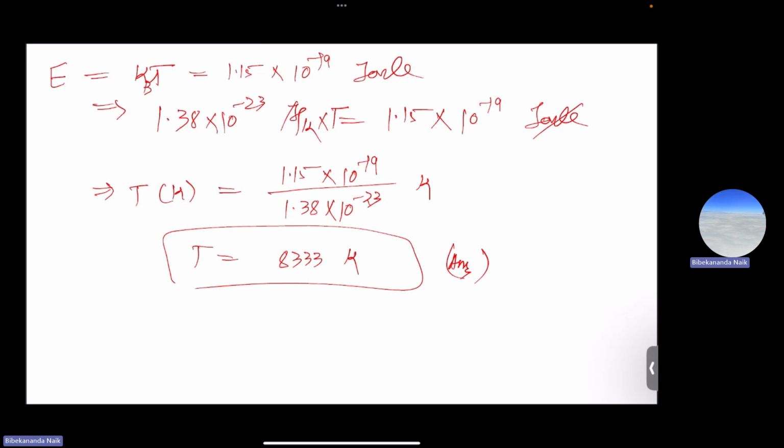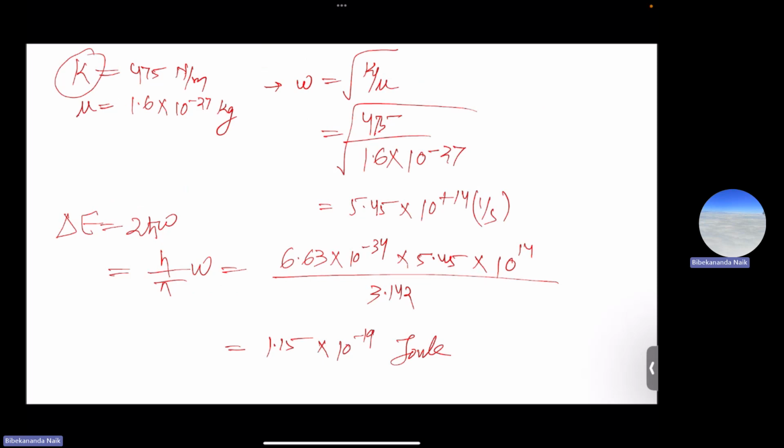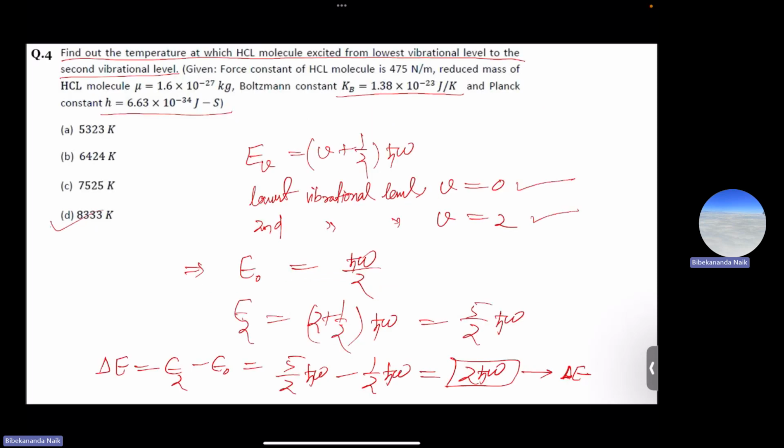So if you put all the values of k and energy, you will find that the temperature which corresponds to this particular energy difference is 8,333 Kelvin. So the correct option will be option D.